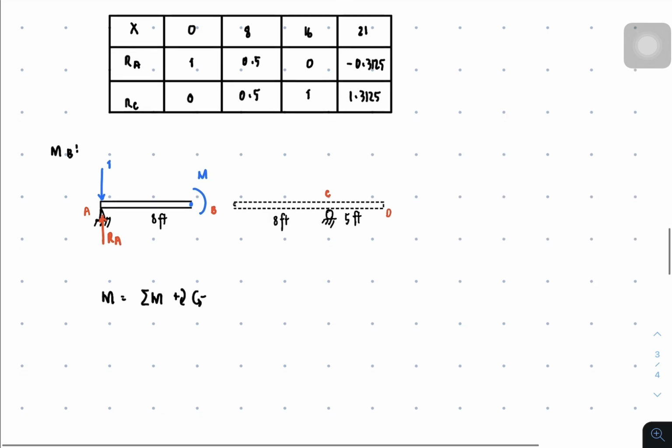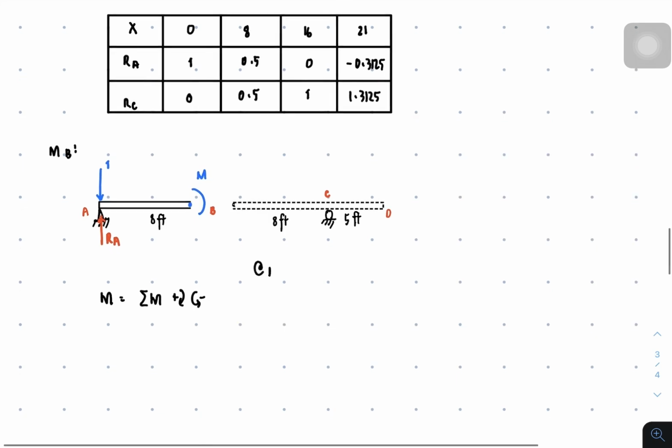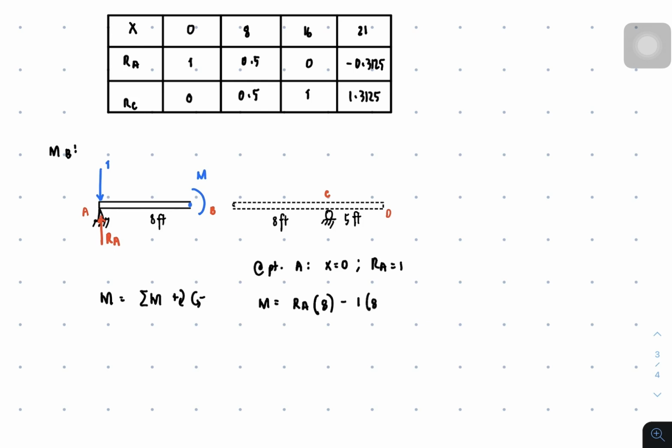Okay, proceed. At point A, x is 0, therefore RA is 1. So for the equation, it's M equal to summation of moment. So RA clockwise times 8, and then this one 1 unit, so that's negative 1 times 8.